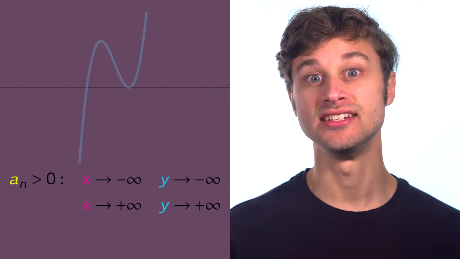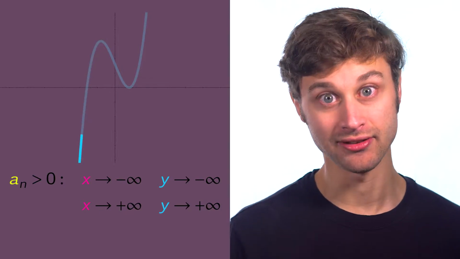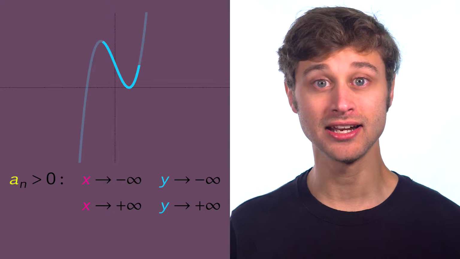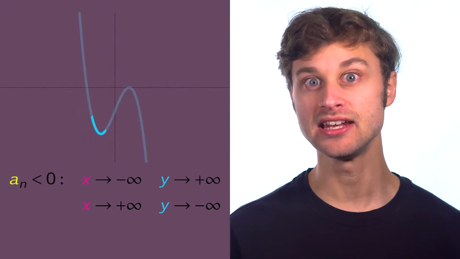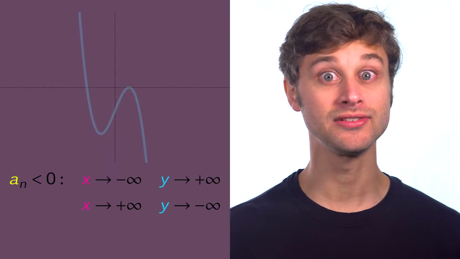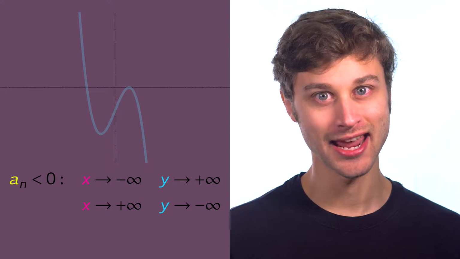Odd polynomials follow the same end behavior as linear functions because linear functions are odd polynomials. If x approaches negative infinity and a is positive, the function approaches negative infinity. X approaches positive infinity, y approaches positive infinity. If a is negative, as x approaches negative infinity, the function approaches positive infinity, and as x approaches positive infinity, the function approaches negative infinity.